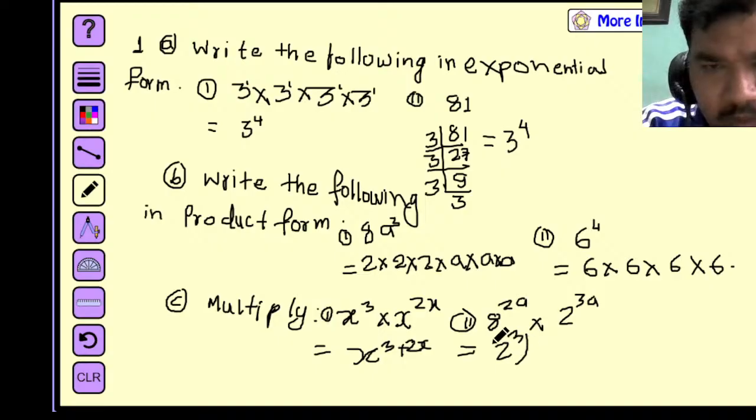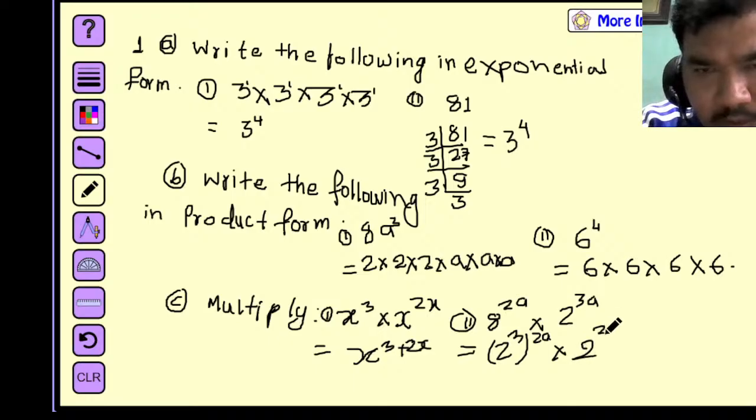And its whole power is already given as 2a, right? And this whole power and this inside power will multiply. And right here 2 to the power 3a. Then here what to do? Here will be 2 to the power 3 to the 6 now.